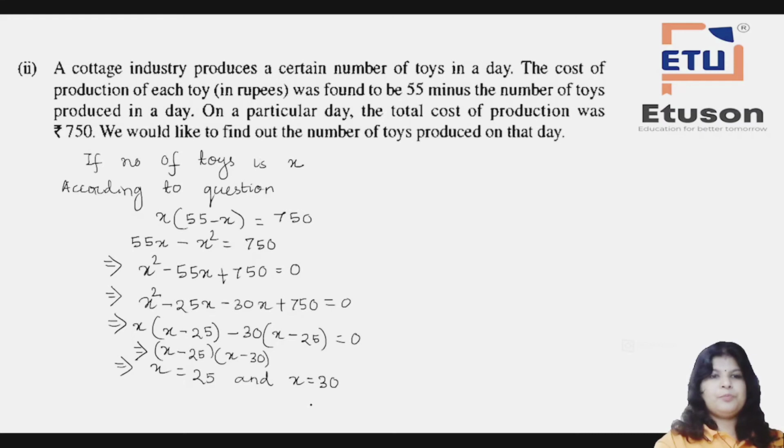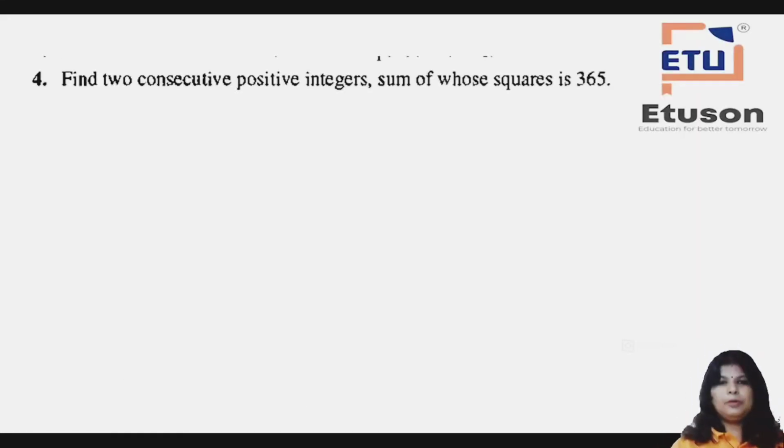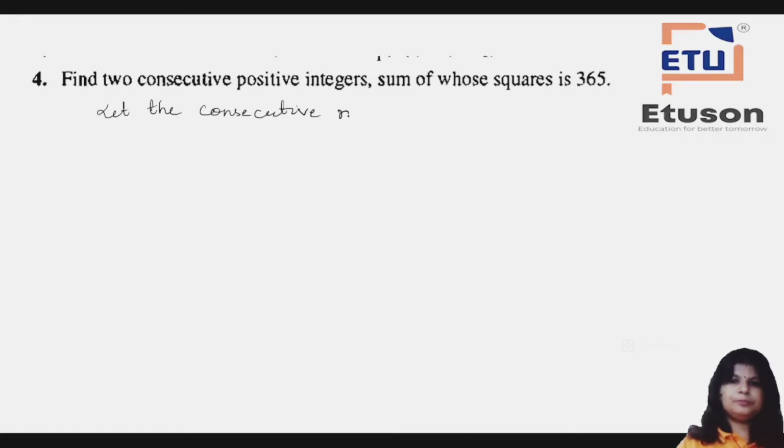Okay, so now I will do question number 4. Find two consecutive positive integers, the sum of whose squares is 365. Sum of two squares. So let the consecutive numbers be x and x plus 1 respectively.